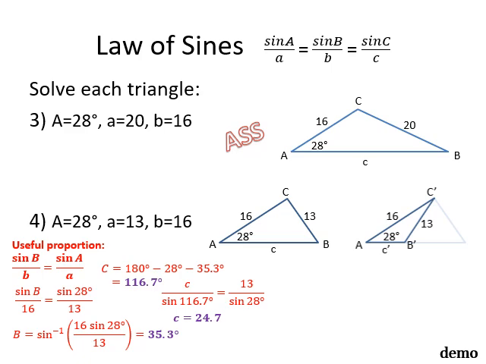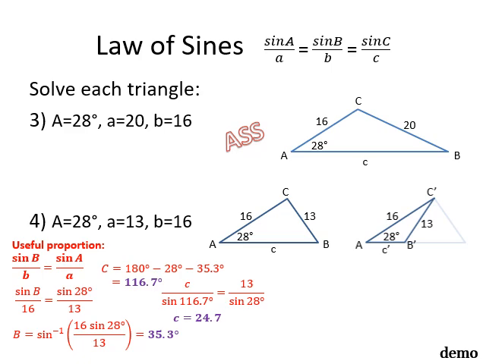All right, so I've called the new angles B prime and C prime, just to differentiate them. And also the third side c, I'm calling c prime, to differentiate it from the other sides that we just found in the first version of this triangle.